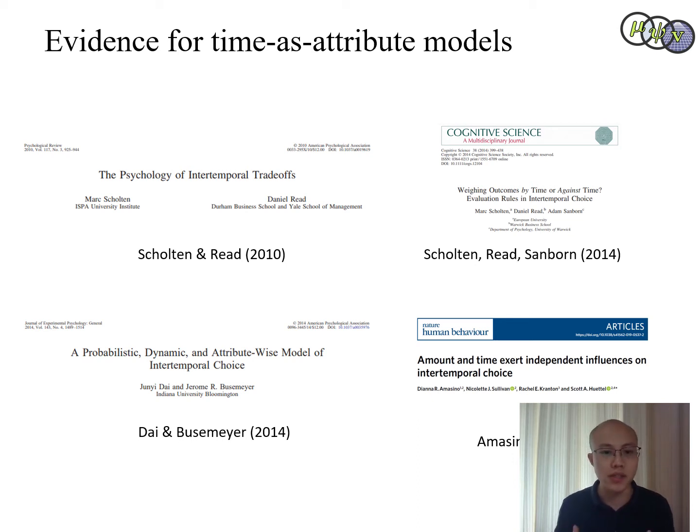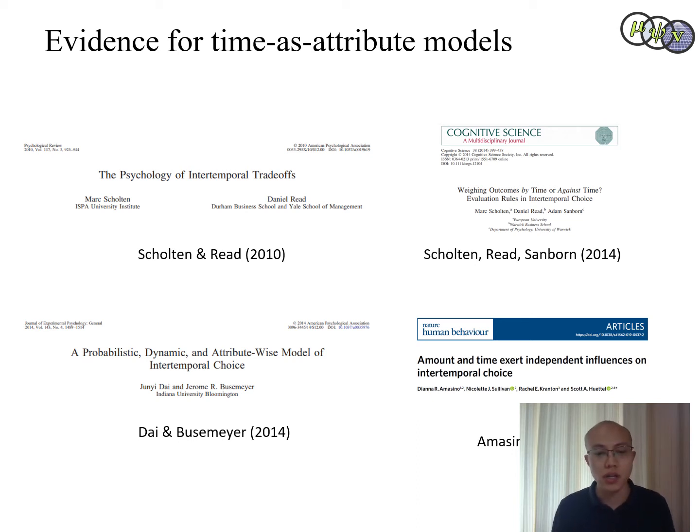In the same year, Dai and Busemeyer proposed another attribute-based model, and they evaluated it in a sequential sampling framework. They also suggest that time as attribute models can predict and explain human choice behavior and reaction time much better than discounting models.